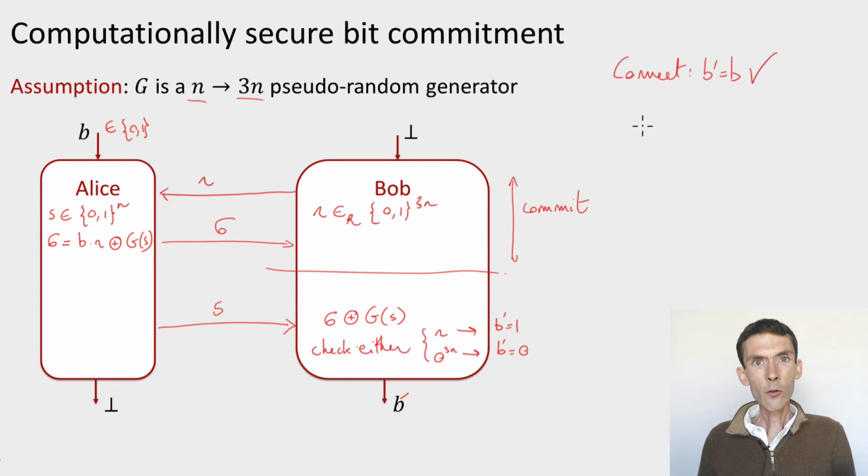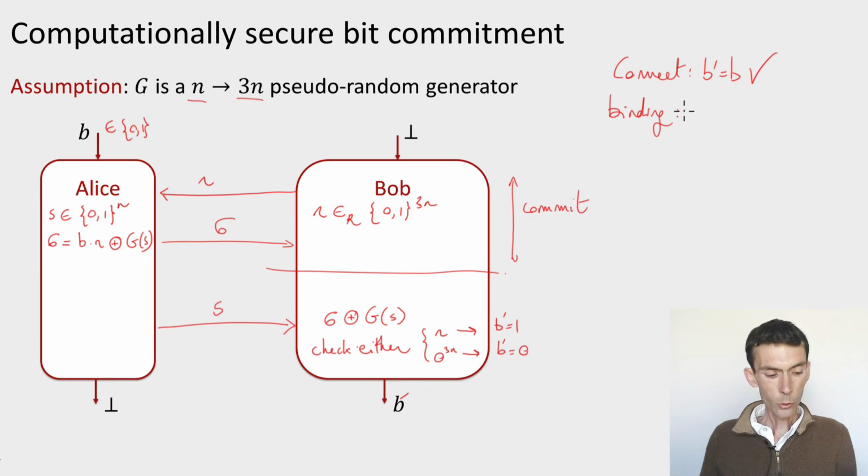For the security of bit commitment, there are two properties that we need to verify: that the scheme is hiding and that the scheme is binding. Let's first check the binding property because it's easier and it doesn't need the computational assumption. The reason is that if you look at the open phase of the protocol, what's the chance that Alice is able to open two different inputs?